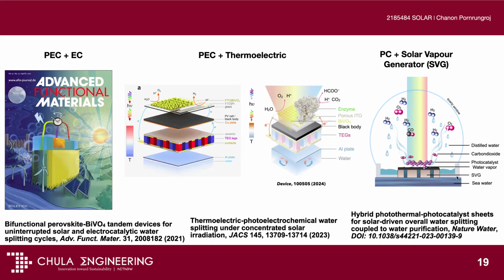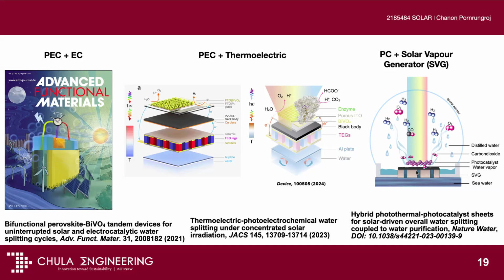So basically, what we did here is very simple. We just float these materials, like the floating material I just showed you before, and then vaporize the water first using the IR heat, and then we put the catalyst on top. So the catalyst doesn't touch the seawater directly. We have the water vapor pass through the catalyst like this.